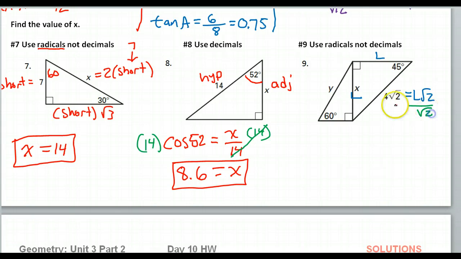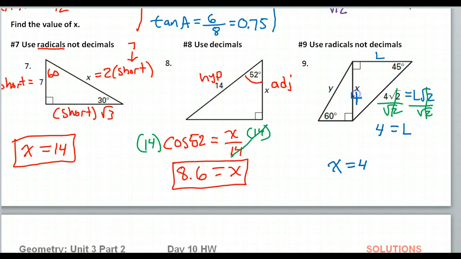If I divide by radical 2 right now, I don't even need a calculator for this because these radical 2's just cancel each other out. So that tells me that the leg is equal to 4. So that means both of these are equal to 4, including this x. So right there, I know that x equals 4.